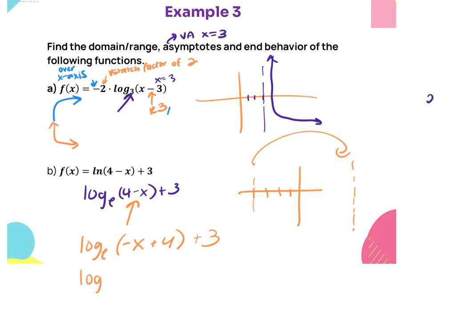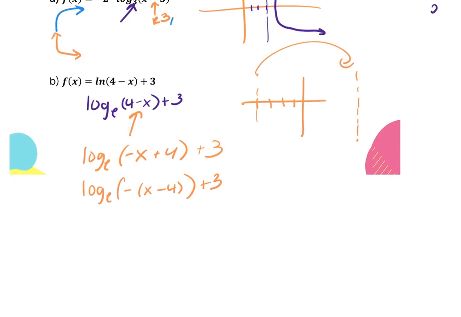Or I take the negative off of it. I say this is log base e of negative x minus 4. And I treat them as 2 separate things. This negative literally just switches the direction, left to right. So it's going to point my log to the left. And this is a reflection to the right. I'm going to shift to the right.